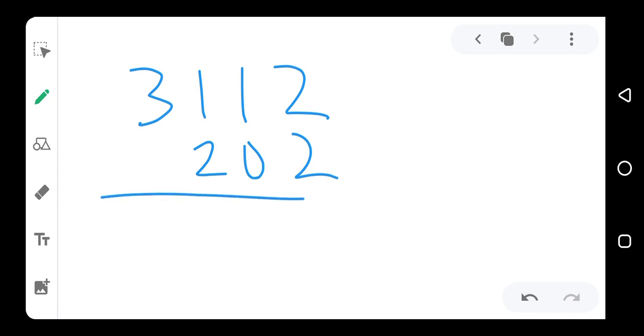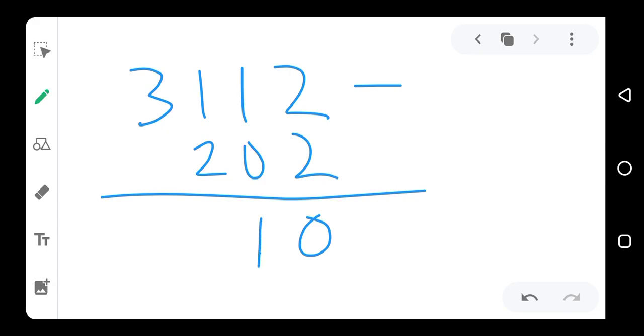We have 3112 and then 202. 2 minus 2, this is subtraction. 2 minus 2 is 0. 1 minus 0 is 1.